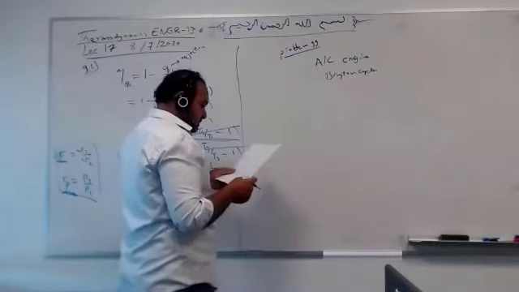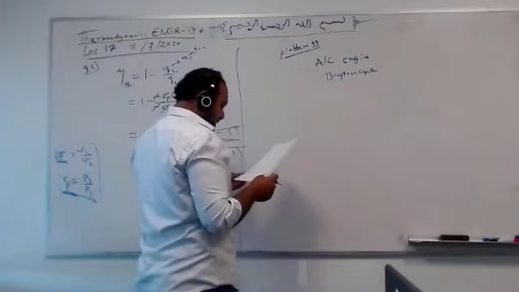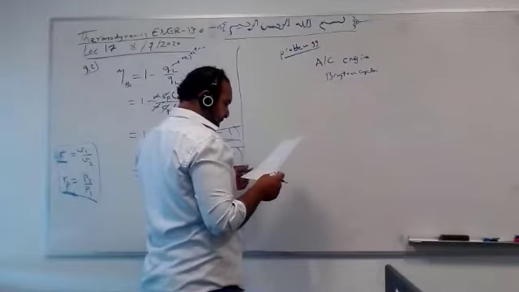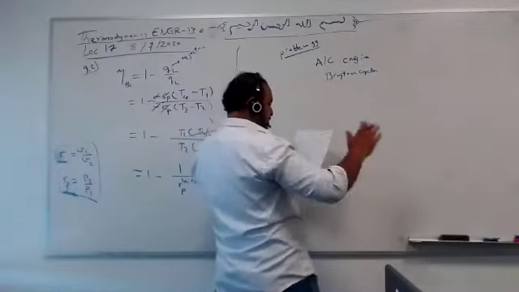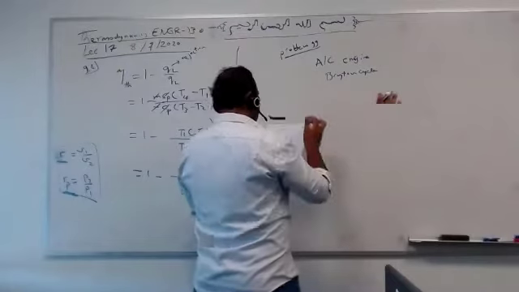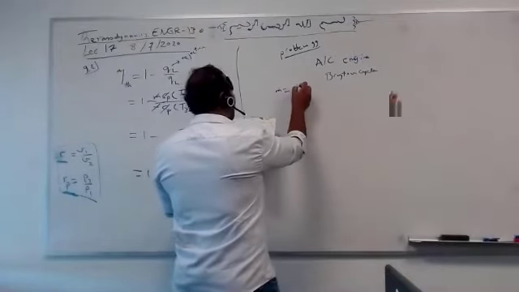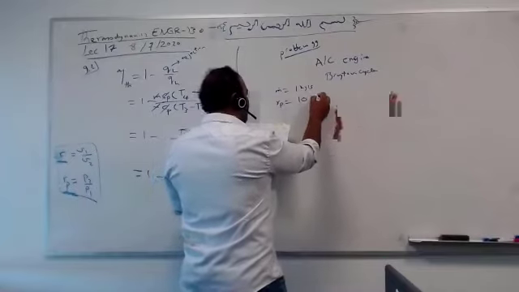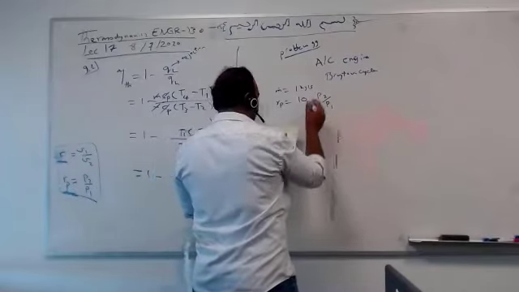I think it was air. Yes, it was air. So it's compressor, combustion chamber, turbine. He said I give you mass flow rate 1 kilogram per second. Okay. RP, pressure ratio 10, which is P2 over P1.